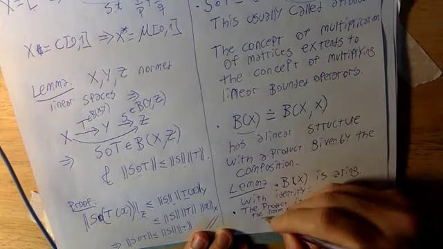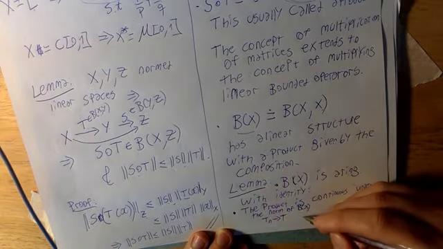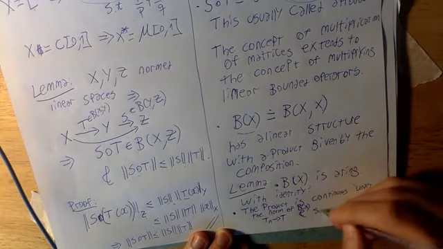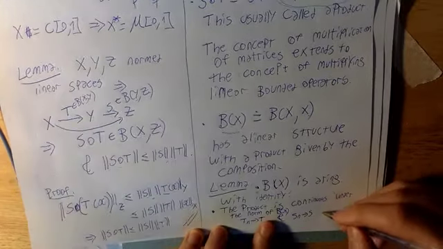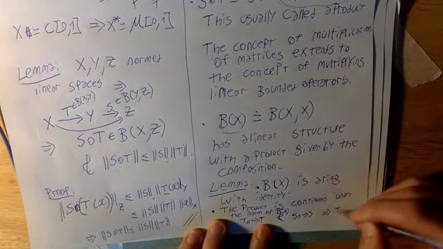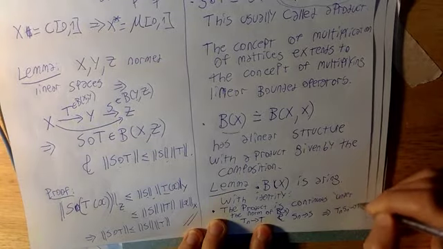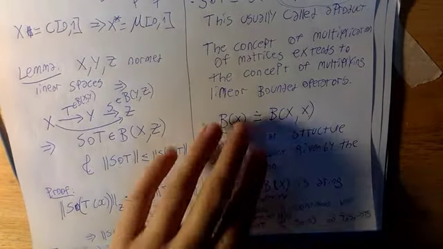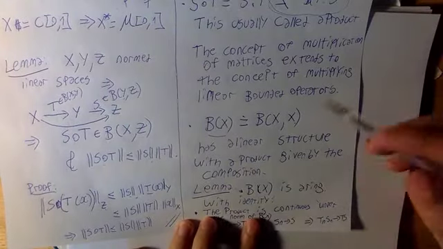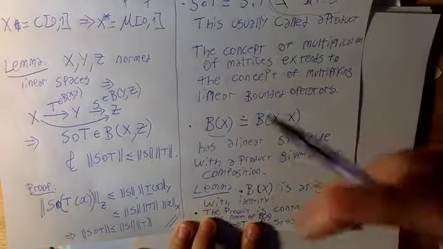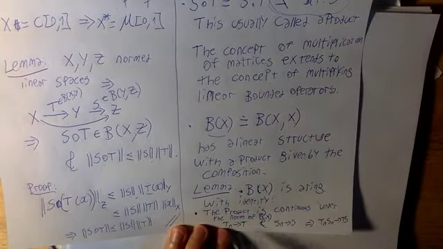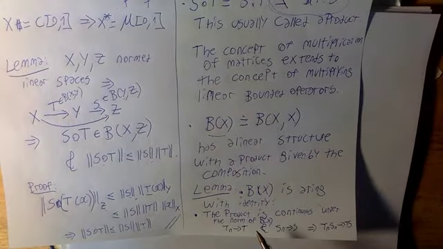Okay, so if Tn converges to T and Sn converges to S, then SnTn converges to ST. Okay, so let's look at the first part, that B(X) is a ring with identity is fairly clear just by looking at these things. So the important thing is that this is continuous under the norm that we're trying to use.